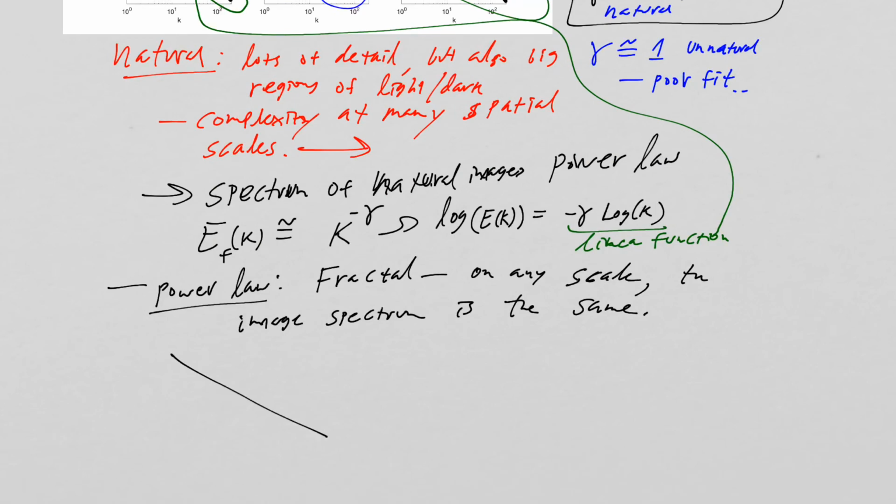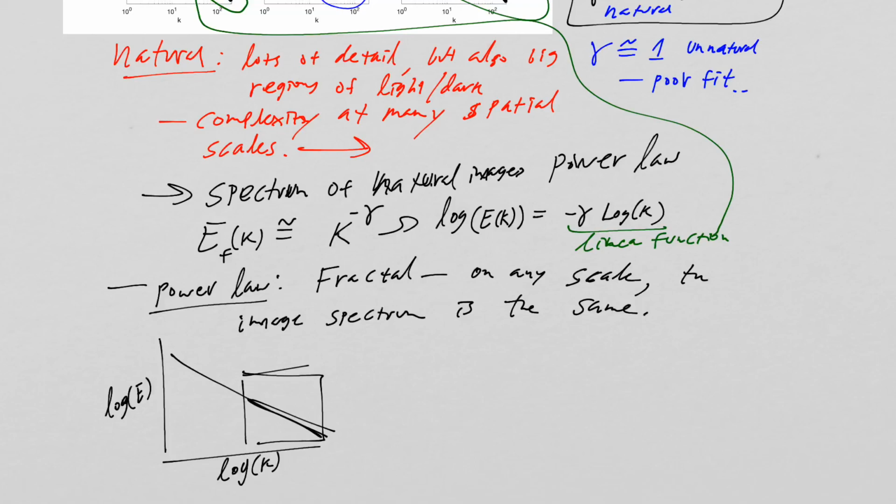And we can see that here. If you have log k there, and you have log energy spectrum there, and you have a line there, if I were to shrink the image, just look at this part, it's still just a line.